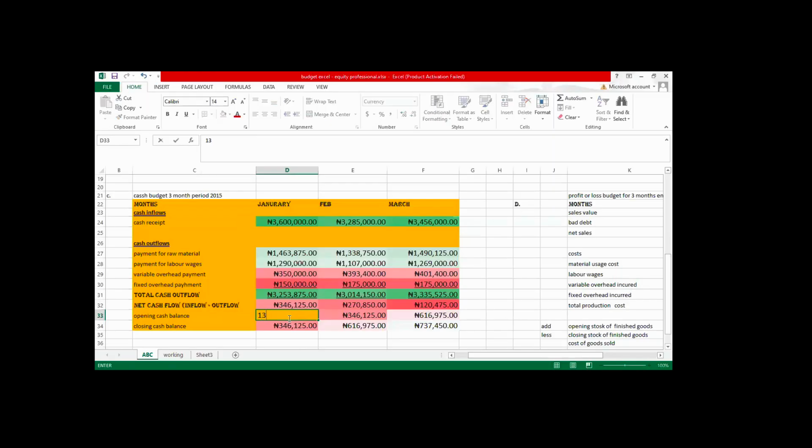Once I put this figure here, that will be the cash balance. To get your closing balance, net cash flow plus opening cash balance, that will give you your closing cash balance for January.